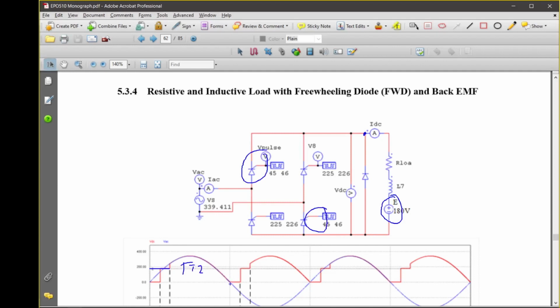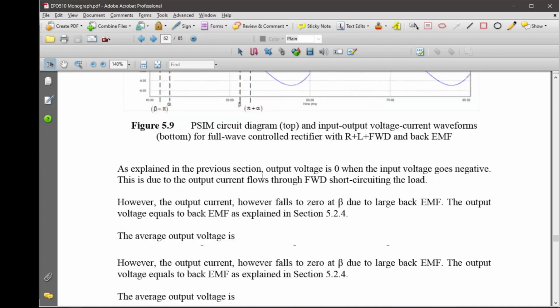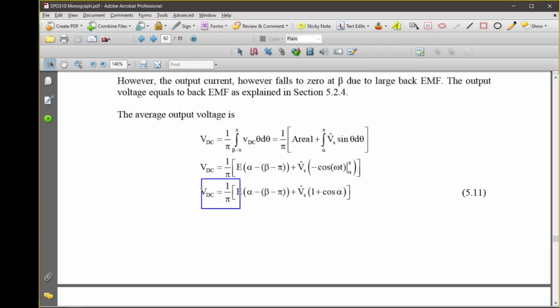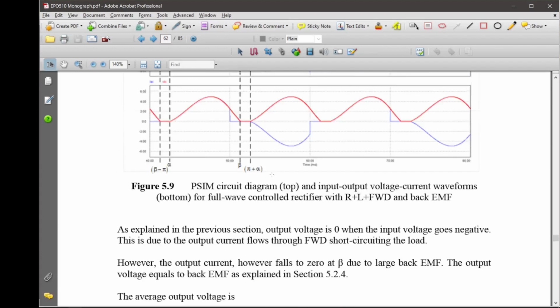And then during the negative half cycle, the current flows into the diode, short circuit, and that's why you have 0 voltage until your current goes to 0. When the current goes to 0, the output voltage again equals the back EMF, 180 volt, and then the cycles repeat. So this is the current equation, the voltage waveform and the current waveform. So you have beta minus that, and you can find the area under the curve to get the average voltage, and that's it, isn't it?